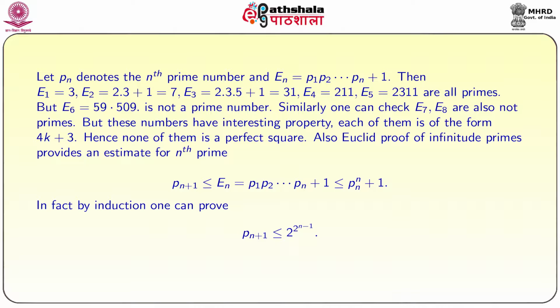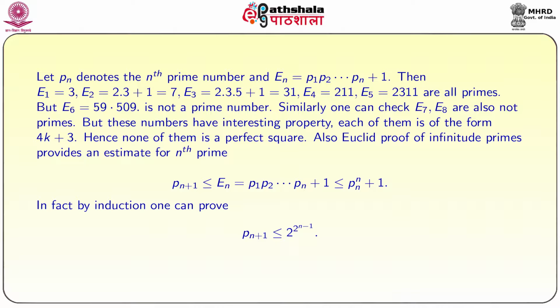Similarly, E5 is 2311. All these are prime numbers, but E6 is equal to 59 into 509, which is not a prime number. So, Euclidean numbers need not be prime. Similarly, one can easily check that E7 and E8 are also not primes, but these numbers have an interesting property.